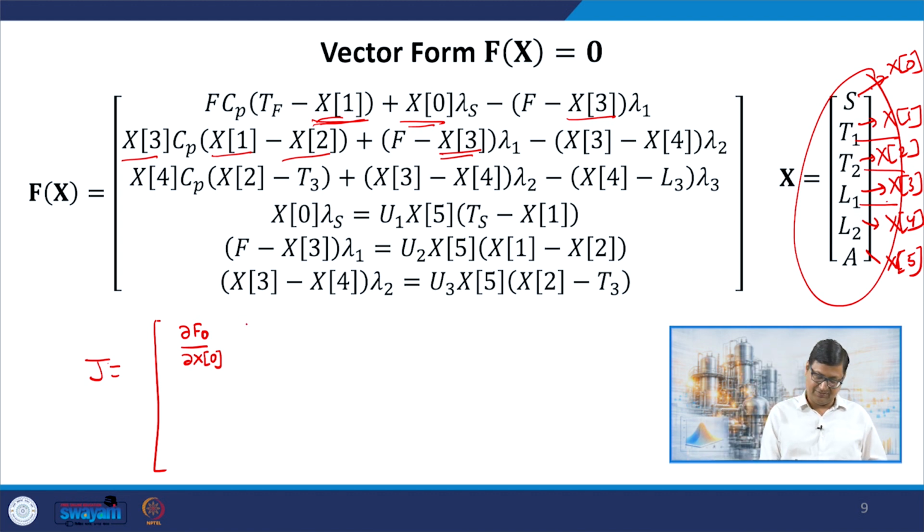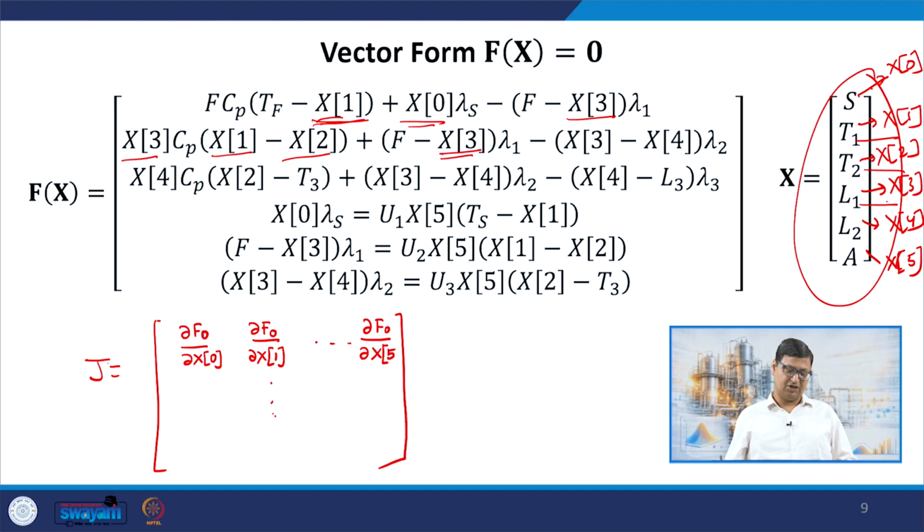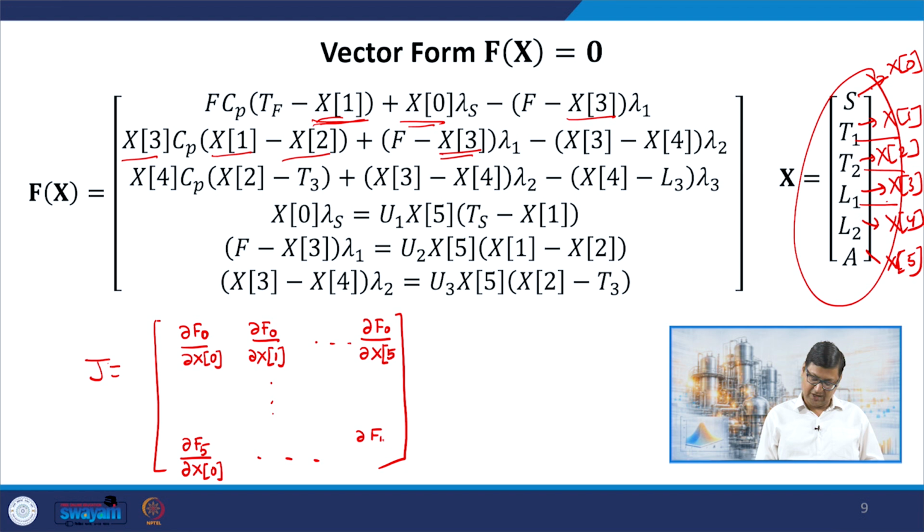And then we have ∂f0/∂x1 until ∂f0/∂x5, and this continues downward also, and in the end we have ∂f5/∂x0 until ∂f5/∂x5.